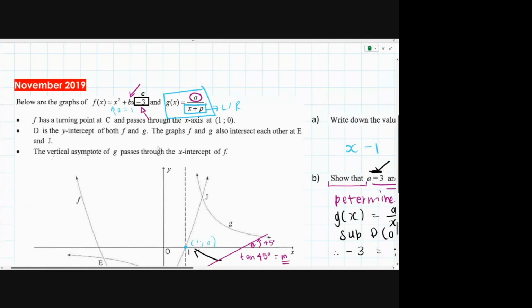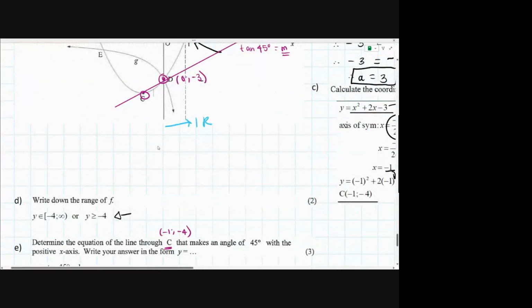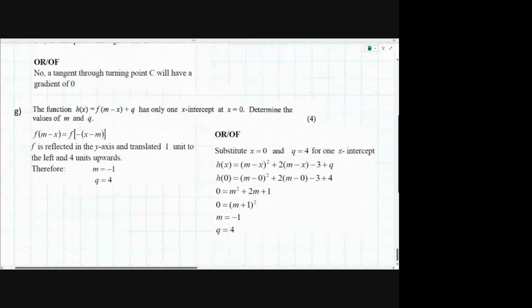So the graph of f was x squared plus 2x minus 3. And so what we needed to do is understand what this reflection was telling us. Okay, so what we could do is take out a common factor of a minus.